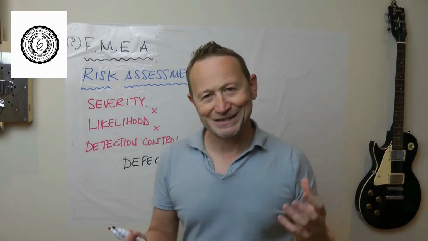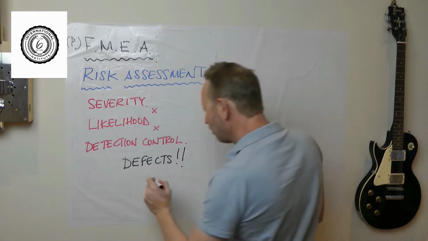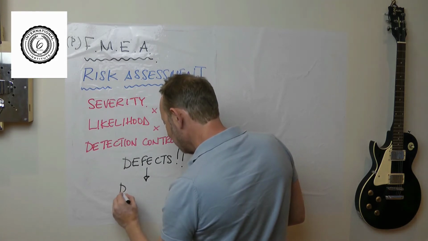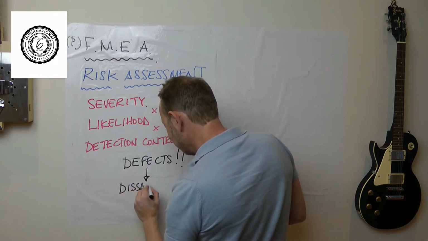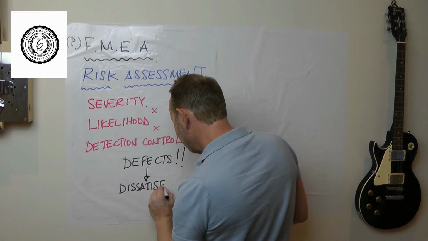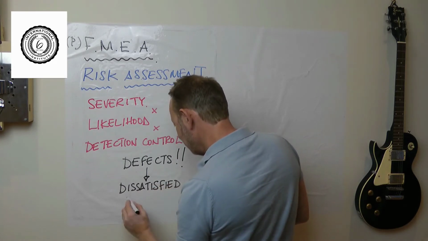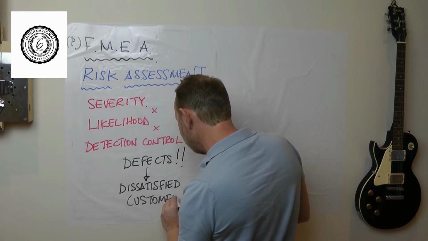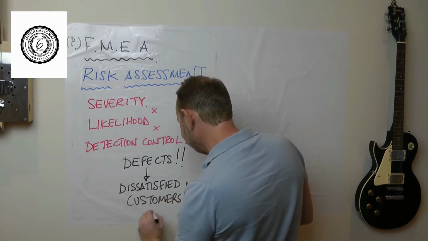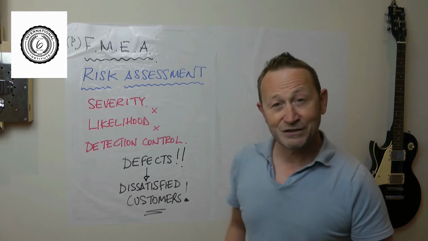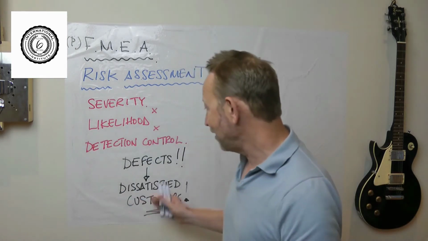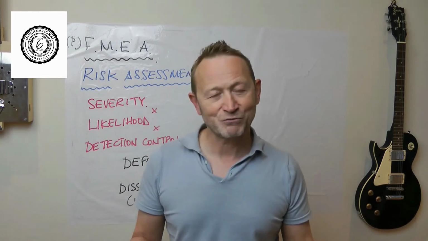The risk is defects. Take that one stage further. If you let those defects out of your company, the risk is dissatisfied customers. And what will dissatisfied customers cost you? Dissatisfied customers can cost you your business. That's what the risk is.